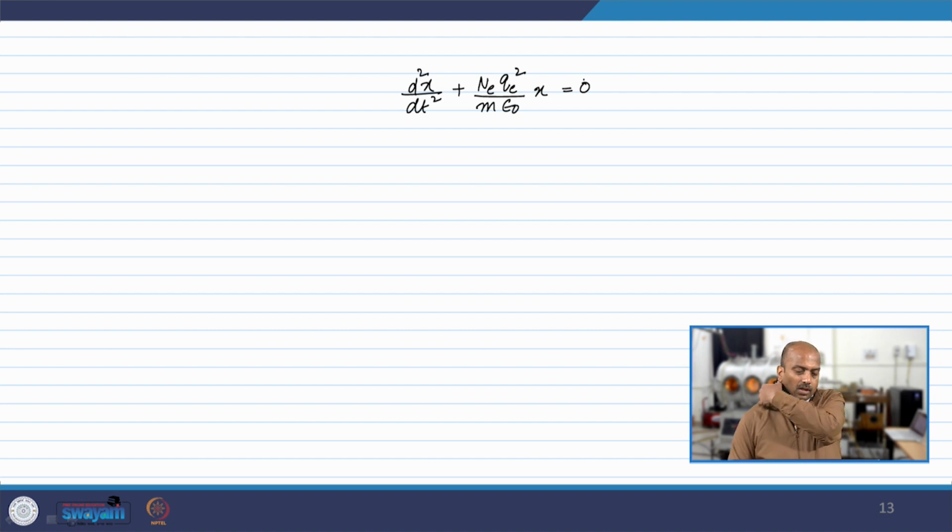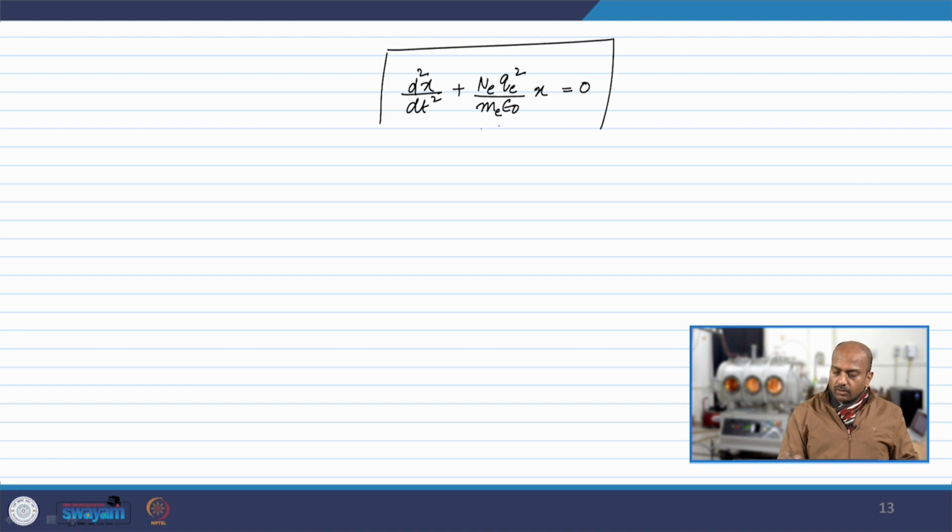Since we already made an assumption that the electric field will only be able to drive these light particles, the electrons, the mass under consideration here is obviously the mass of electron. If you look at this equation, it looks very familiar, representing a harmonic motion with a characteristic angular frequency omega square. Where is this omega?